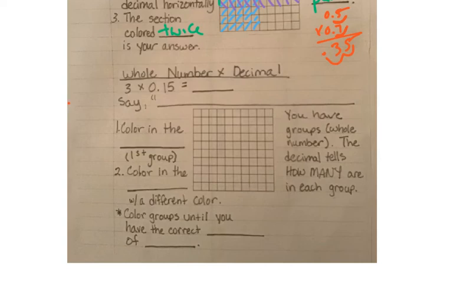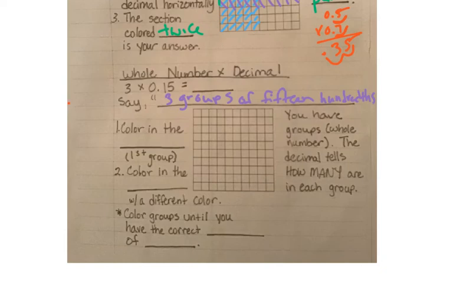We have 3 times 15 hundredths. So you're going to say 3 groups of 15 hundredths. So go ahead and say that.